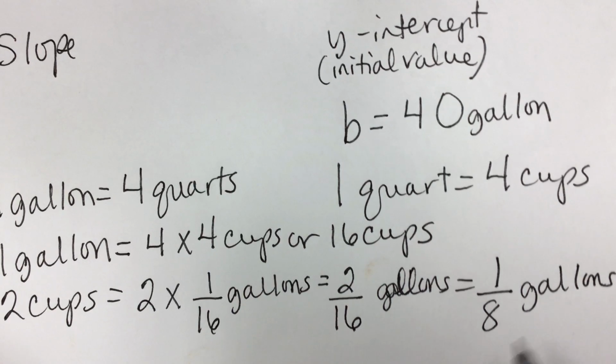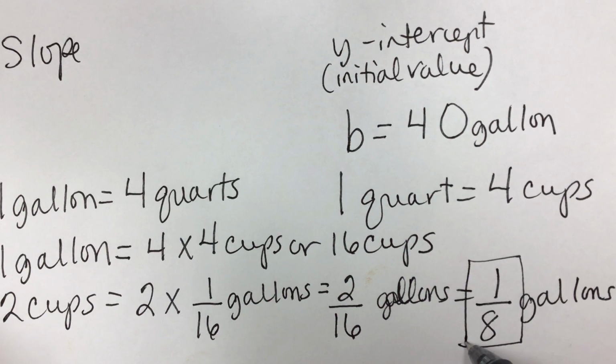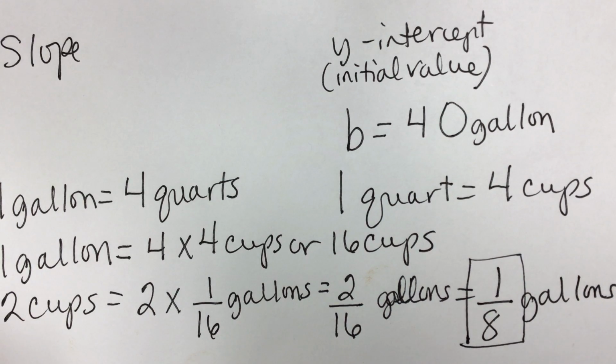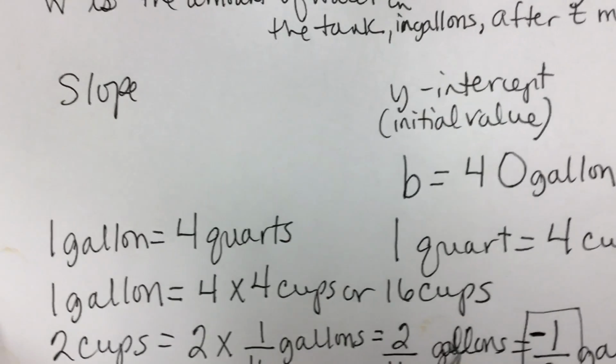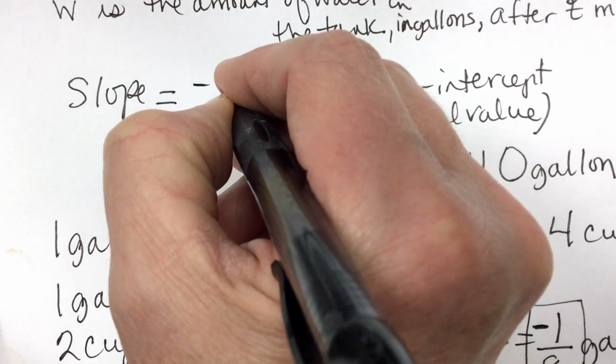So this would be our slope. Now, our slope is negative because for every minute that passes, 1/8 of a gallon is leaking out. So really our slope has to be negative. So going back up, our slope is negative 1/8.